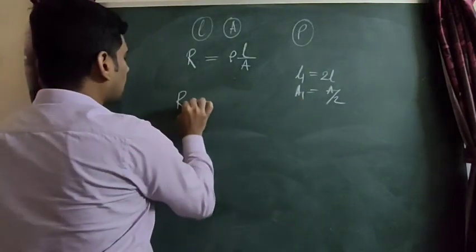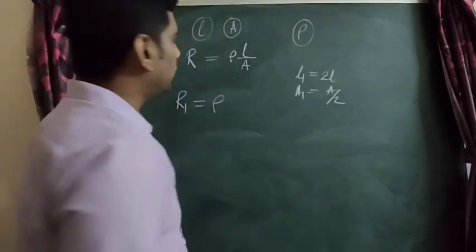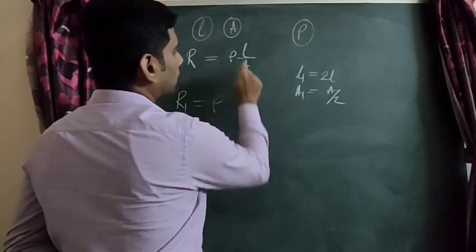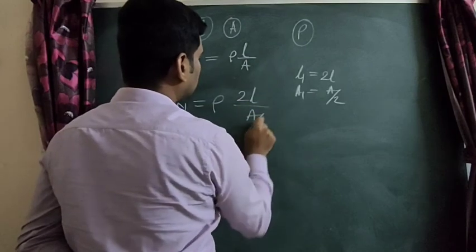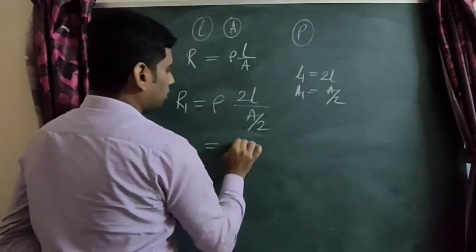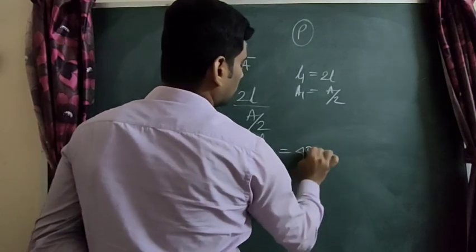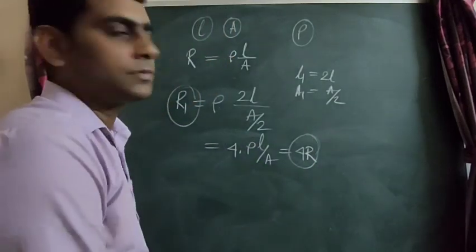So the new resistance R1, with rho the same, is rho into 2L divided by A by 2. It comes as 4 into rho L by A, so 4 into R. The new resistance is 4 times the previous resistance.